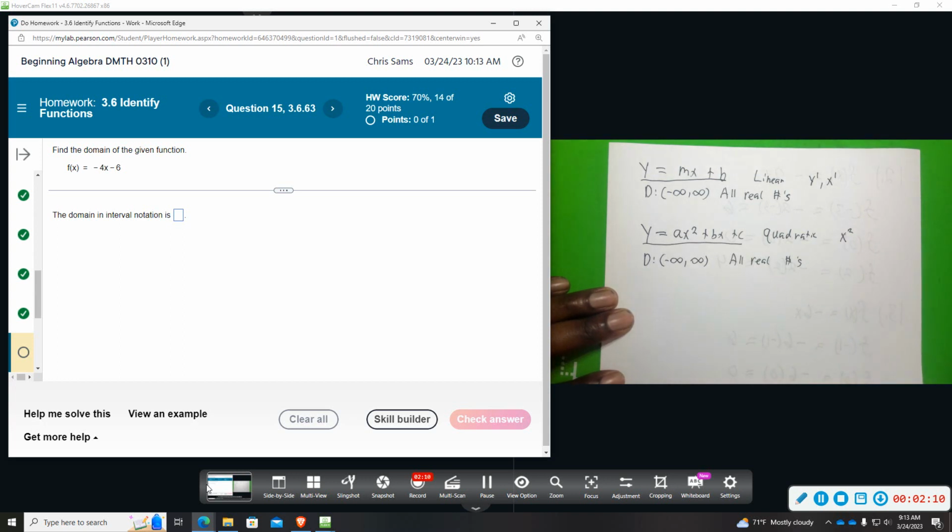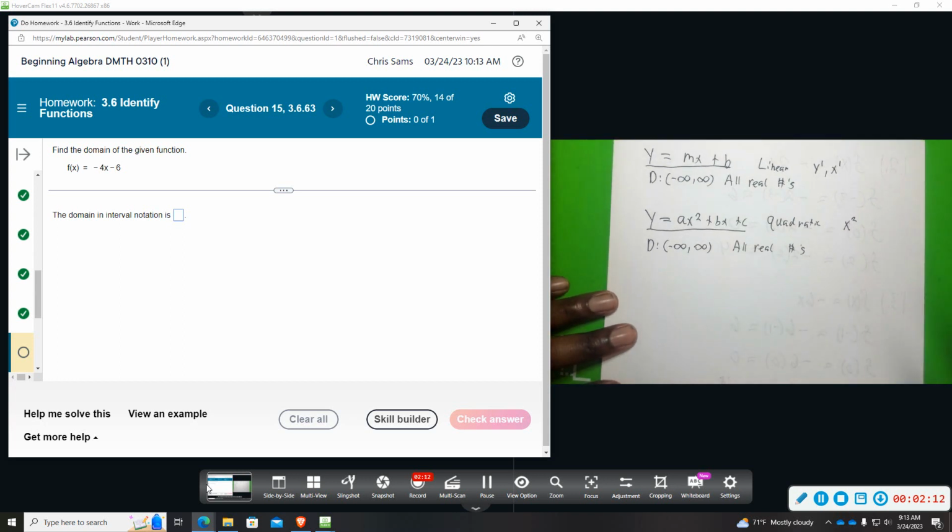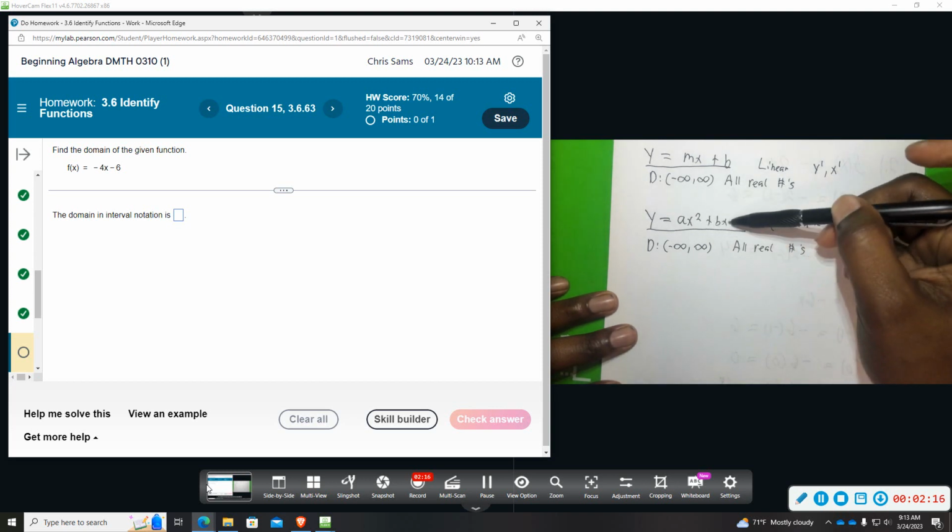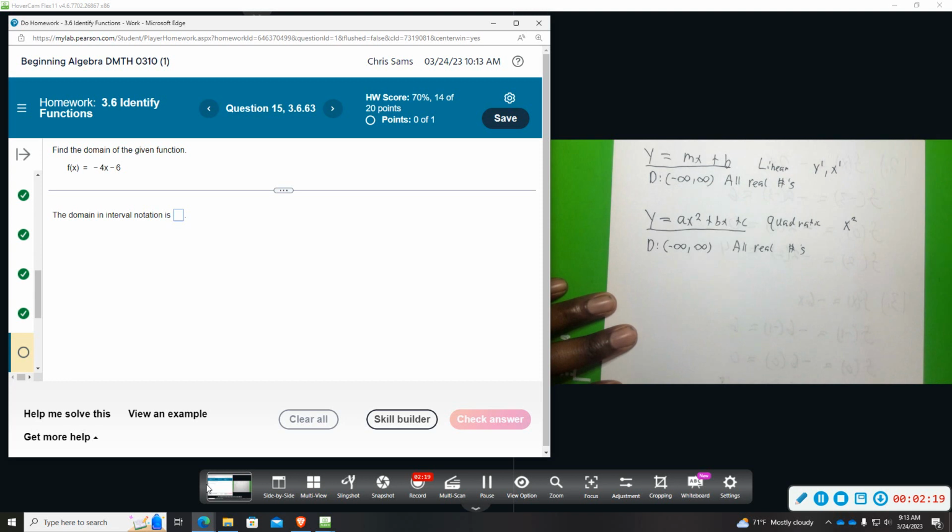When we're asking what is the domain, we basically want to know what numbers can you plug in for x and get an output for y that you can actually solve. Okay, so there's really 3 areas that will cause a problem.